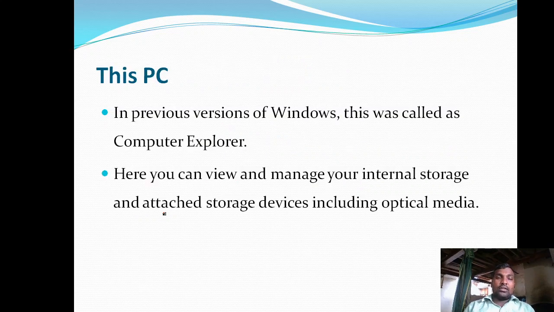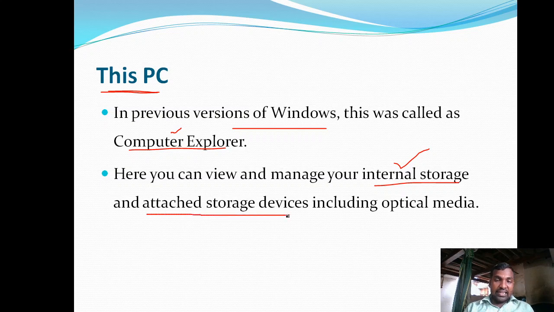Next is This PC. Right under this OneDrive synced folder, we have another option panel with the name This PC. In previous versions of Windows, This PC is also called My Computer or Computer Explorer. Here you can view and manage your internal storage that is already available. Internal storage includes the hard drives, hard disk, and attached storage devices.